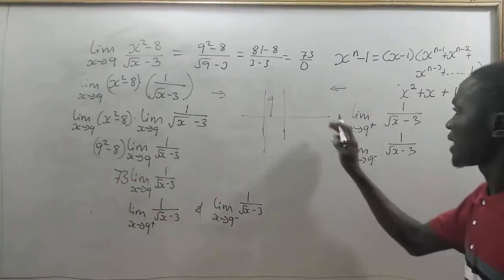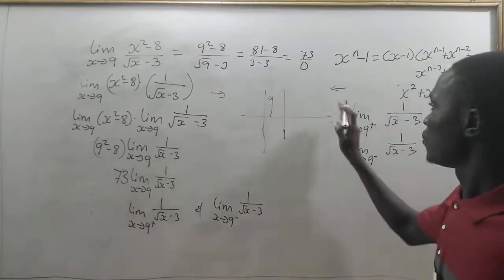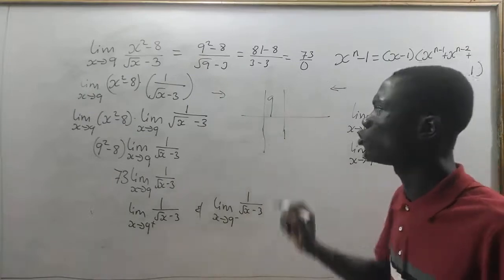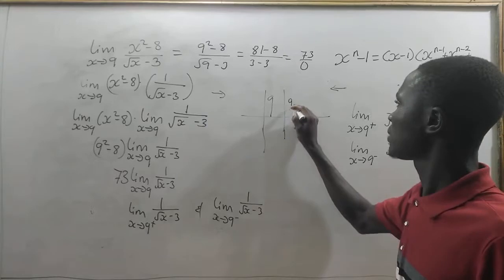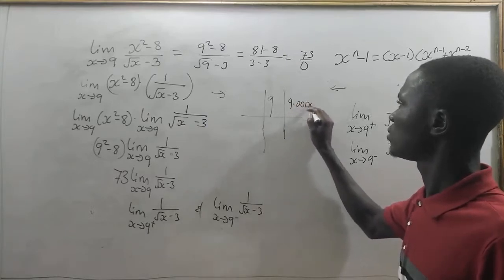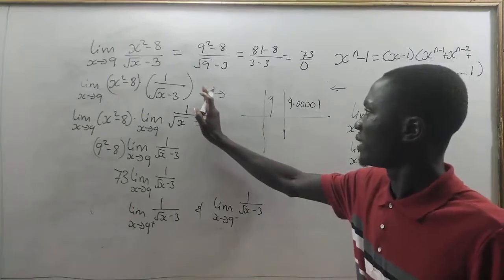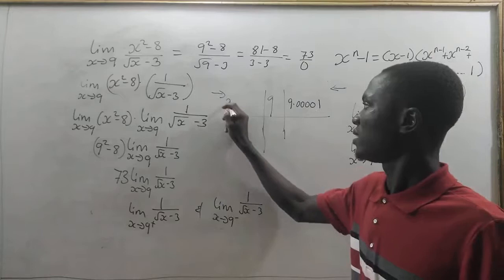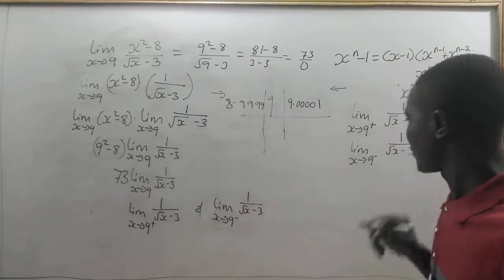As x approaches 9 from the right side, let's take a number that is very, very close to 9. That's the definition of the limit. So let's take 9.00001. And as x approaches 9 from the left side, let's take 8.9999.